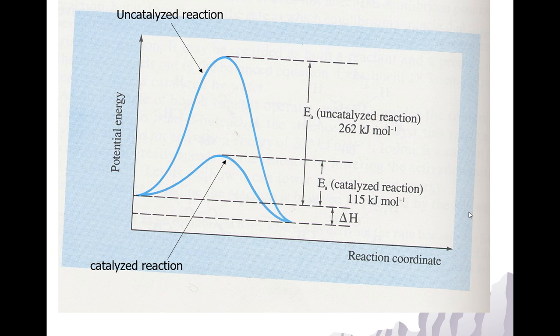The overall energy change, how much energy we get out of this system, is the same for both reactions. The only thing that's changed is how much energy I had to add to get it to start. And so you have this extra energy pathway that we're going to work with.